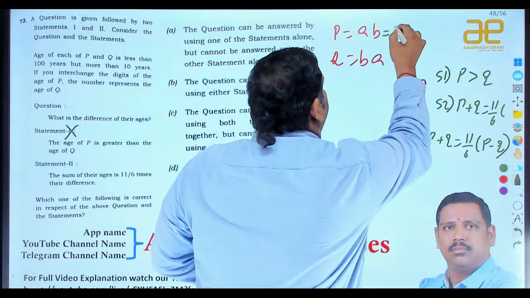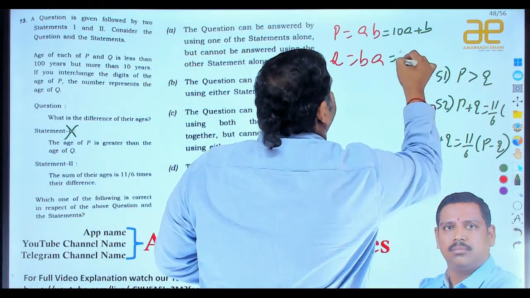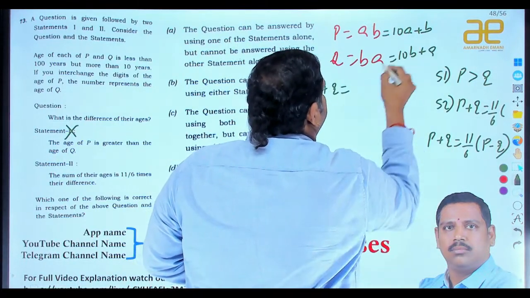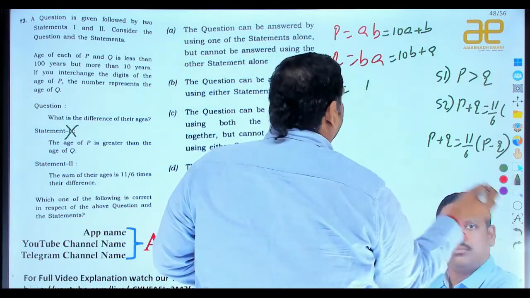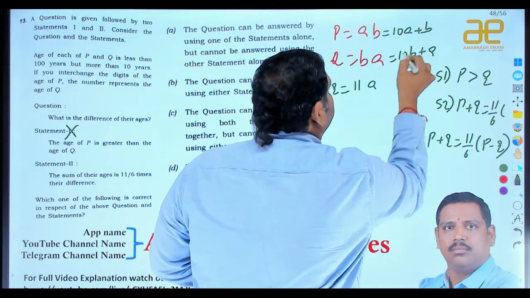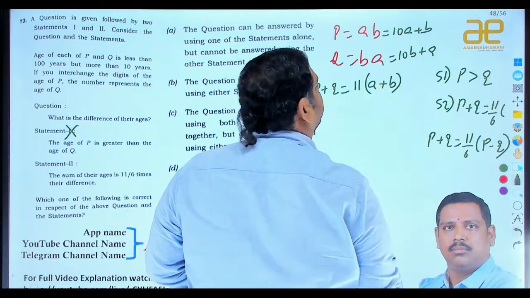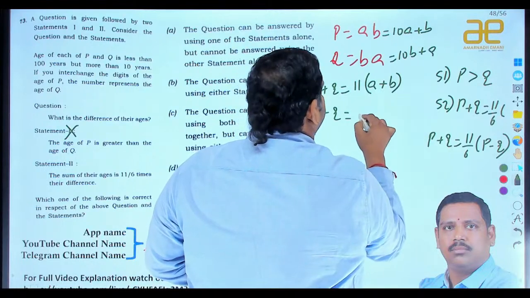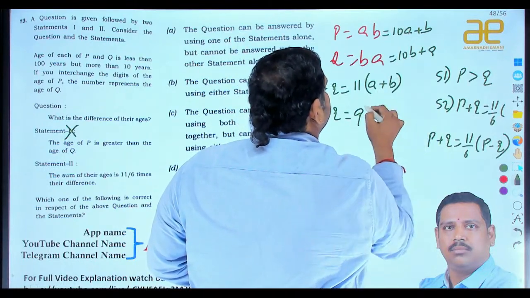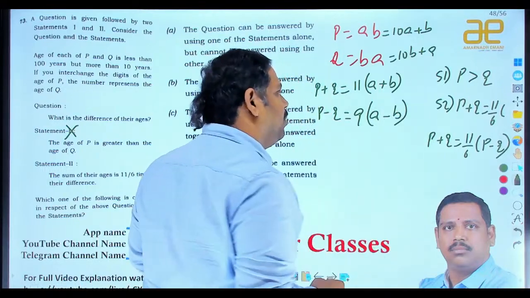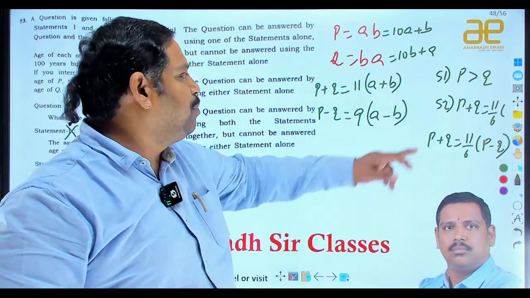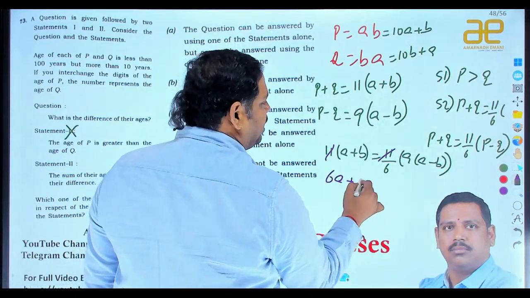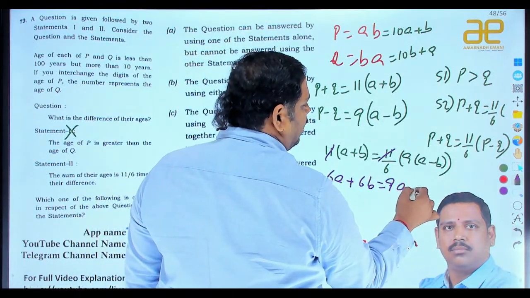AB I already said is 10A plus B, and BA means 10B plus A. Sum, P plus Q: 10A plus A is 11A, B plus 10B means 11B, so 11 common. Difference: 10A minus A is 9A, B minus 10B means 9B, so taking 9 common, A minus B. Now he said P plus Q is 11 by 6 times the difference, 11 cancels, cross multiply: 6A plus 6B equals 9A minus 9B.